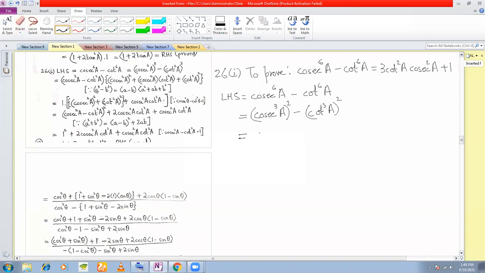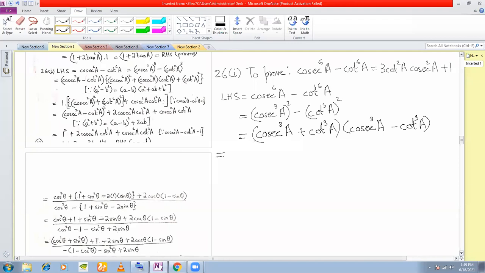See that this is a difference of two squares, so you can write this as cosec cube A plus cot cube A into cosec cube A minus cot cube A, right?